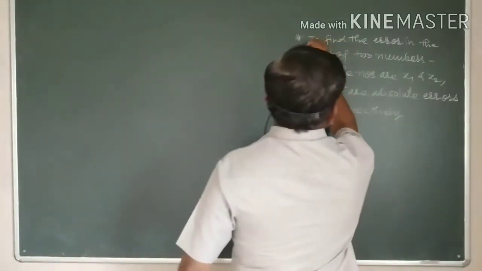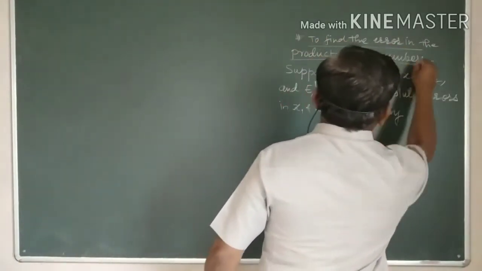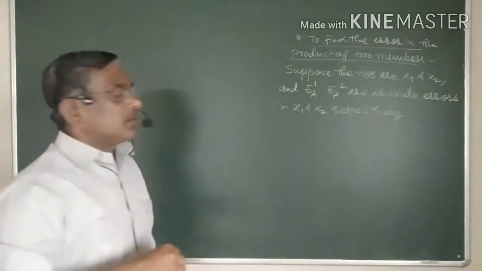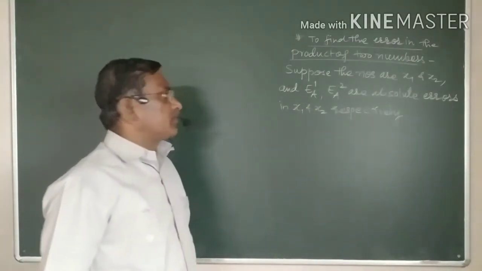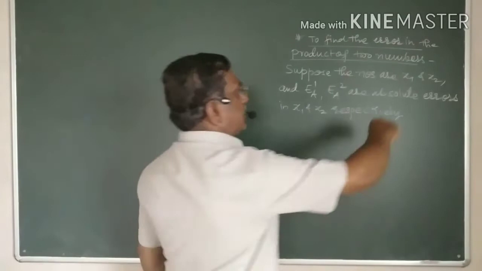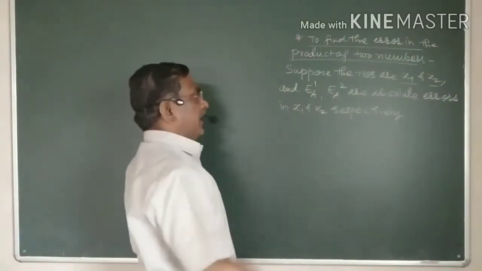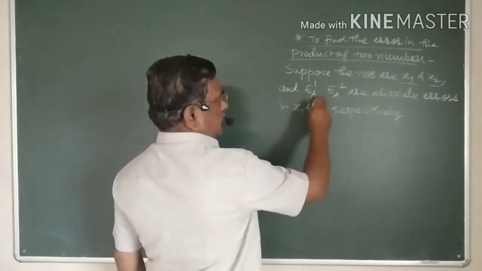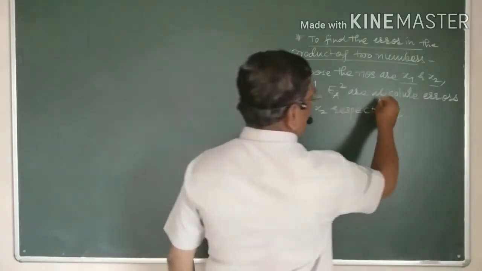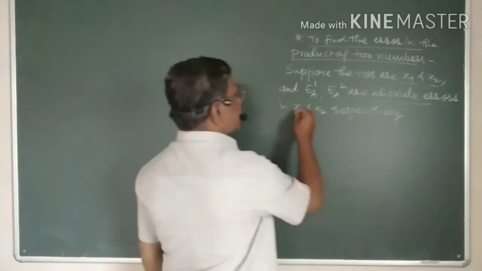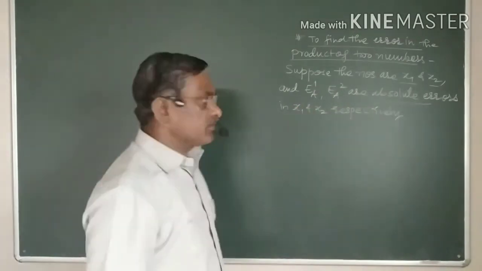So let us go for this point. Error in the product of two numbers. Let us suppose that there are two numbers x1 and x2, and EA1 and EA2 are absolute errors in these two numbers x1 and x2 respectively.